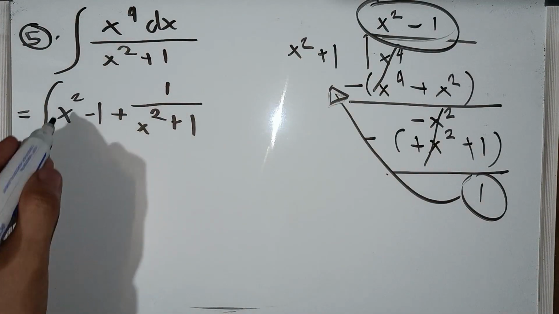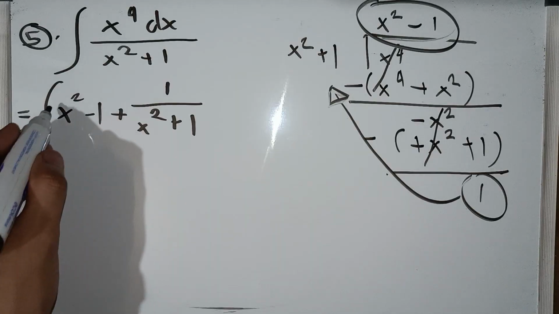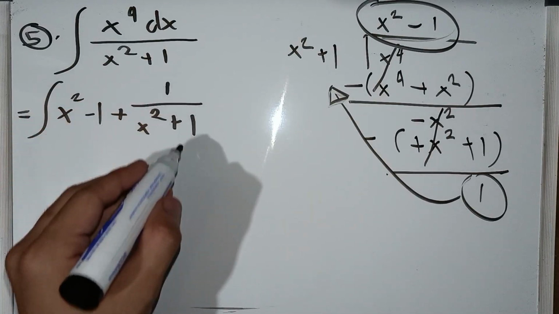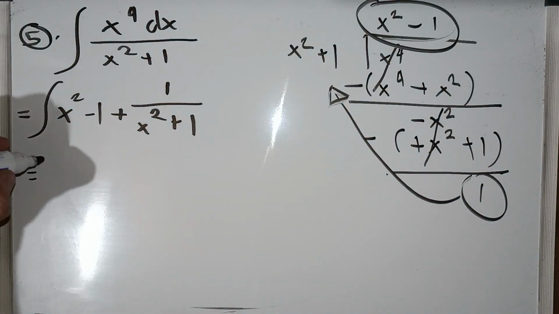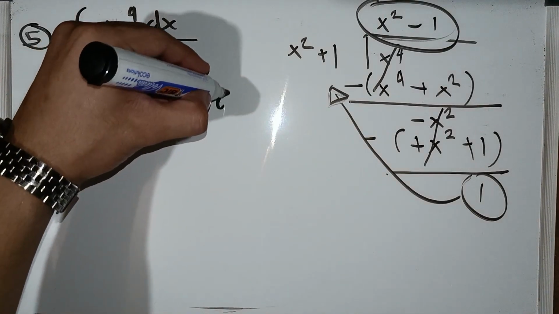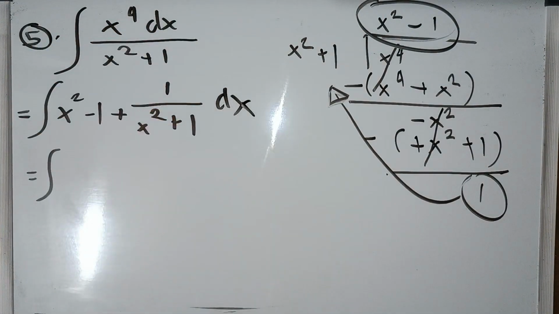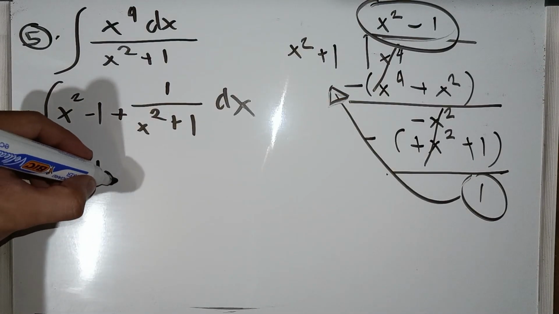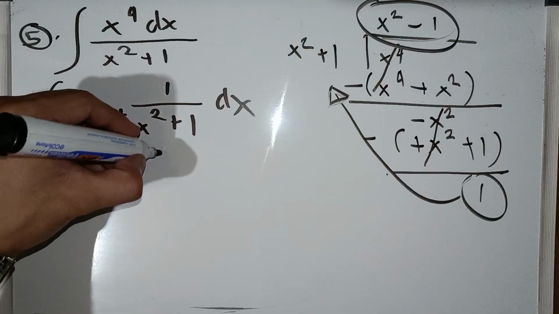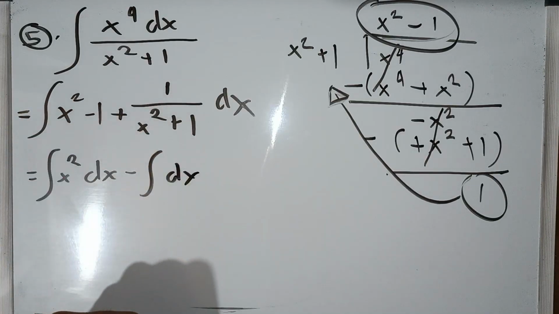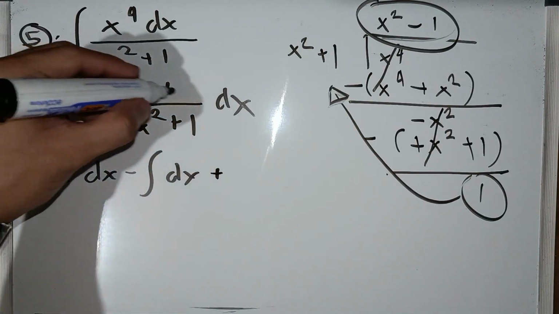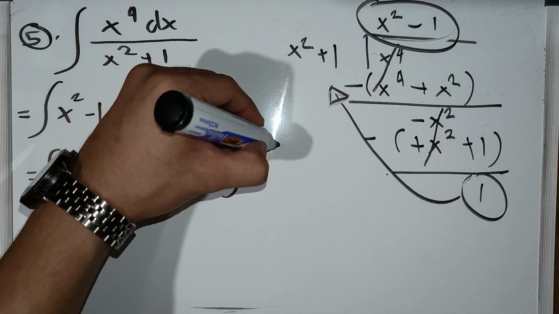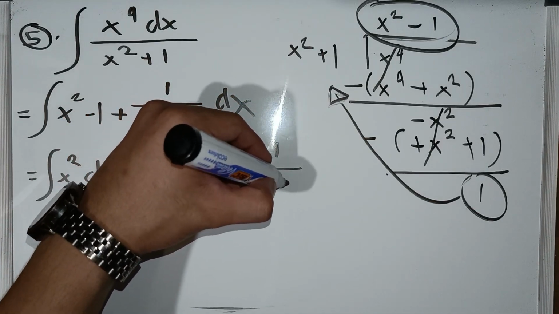Let's distribute the integral sign, here to here and to this one. So that is equal to the integral of x squared dx minus the integral of dx plus, since we have this, the integral of 1 over x squared plus 1.